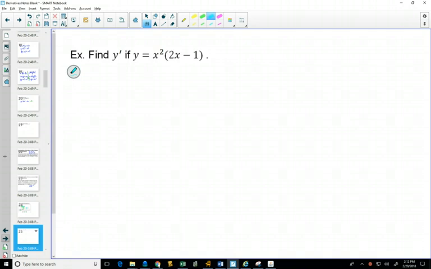So if y equals x squared times 2x minus 1, according to the product rule, again, we'll take out our highlighter. I'll use the same color code. There's 1, there's 2. Can you see that the green function is multiplied by the blue function?